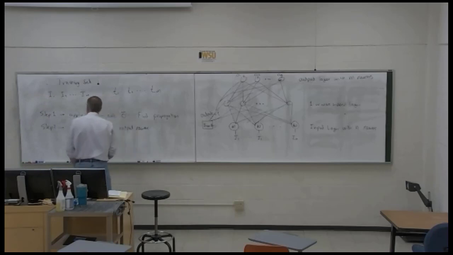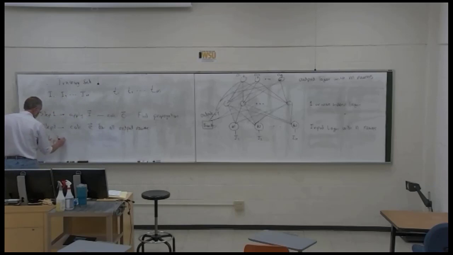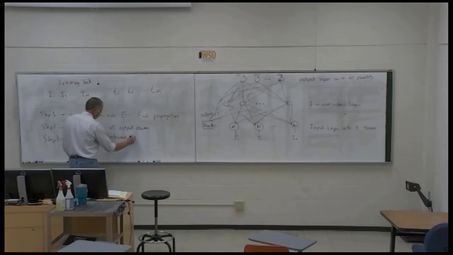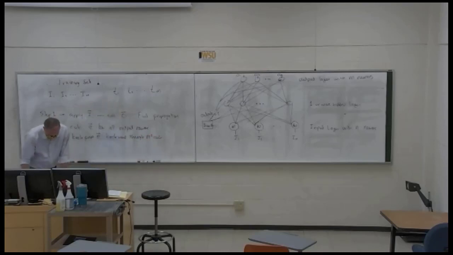So that's the error calculation, and then step 3, you backpropagate errors backward through the network. And I'll give you the formulas for that. We're not going to do that exactly right now. I think we'll probably do that next time.